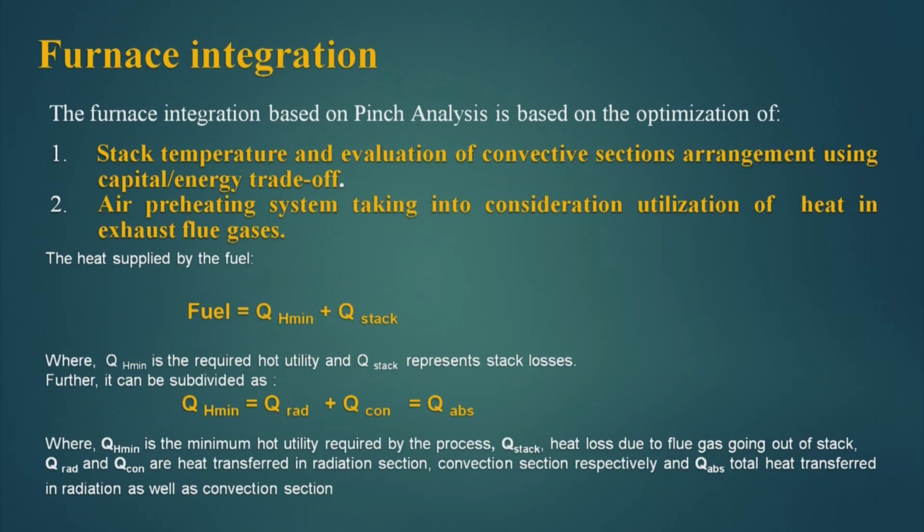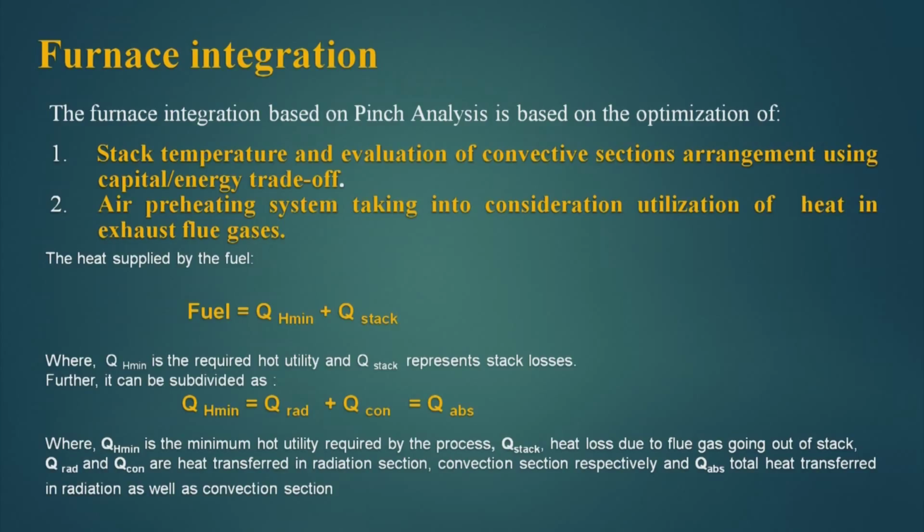Now, the heat supplied by the fuel is QH minimum plus Q stack. What is this? When we are dealing with a process and we are drawing a GCC of the process, from the GCC we calculate QH minimum, that is minimum hot utility demand, when a particular delta T minimum has been fixed. So, QH minimum is a function of delta T minimum.